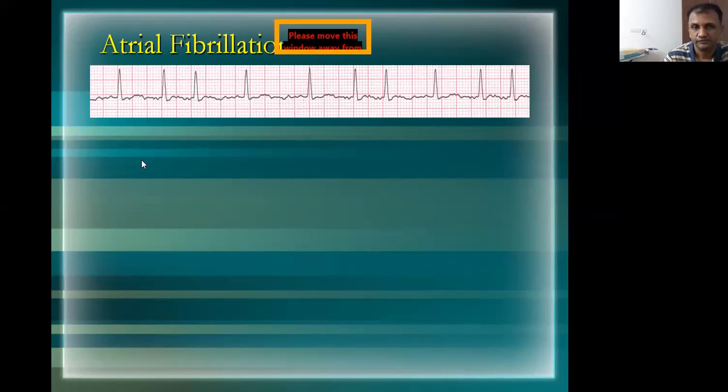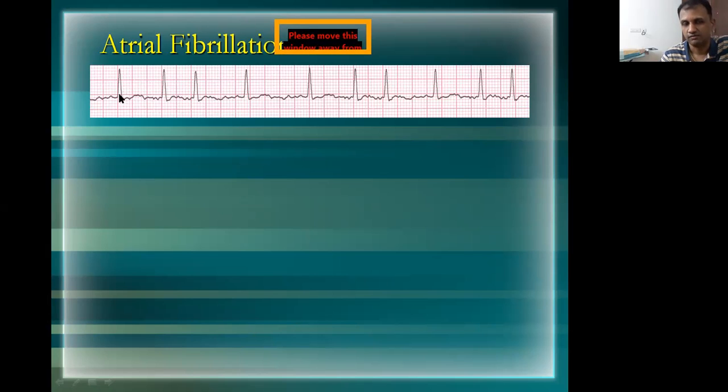In atrial fibrillation, if you look at this ECG trace, it's chaotic and difficult to see if there is a definite P wave here. All these are disturbances. You might think this is a P wave, this may be a P wave, but actually they are not P waves. They are disturbances because the atria are fibrillating, so you have this kind of undulation.